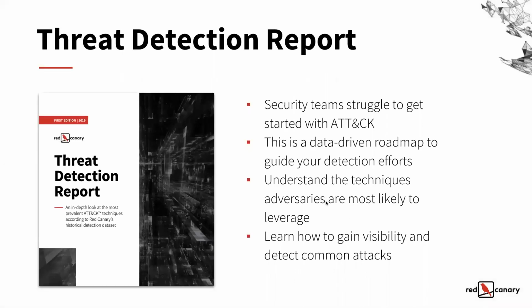Some of you may know we recently released our threat detection report, and Mike and I and Keith and Kyle and Brian Donahue worked together to put information in this report that described what we had observed over the last several years of threat detections that we had mapped back to MITRE ATT&CK.